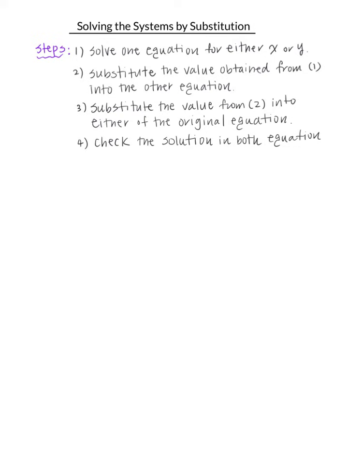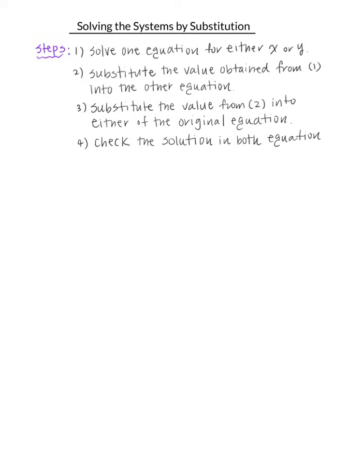Alright, so let's now learn how to solve the system by this method called the substitution method. The best way to do it is by examples, but there are a few steps. So step number 1: remember, in a system you're given 2 linear equations. So take either one of the equations and solve for either x or y.